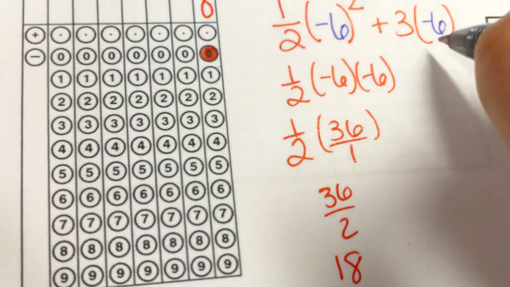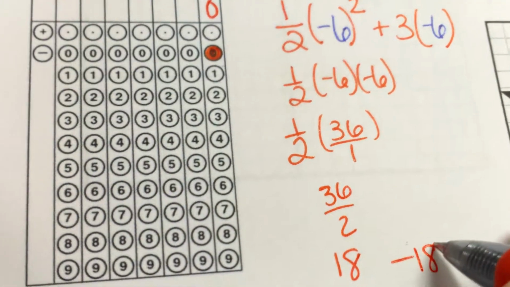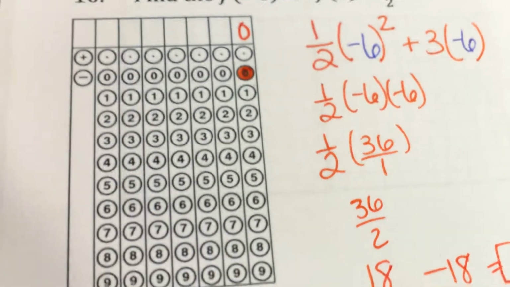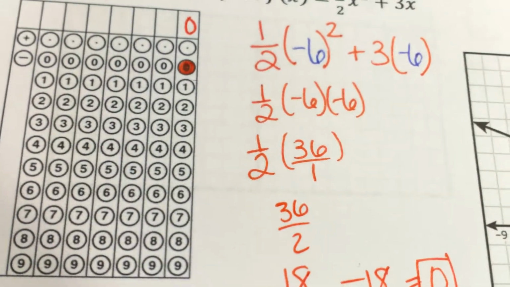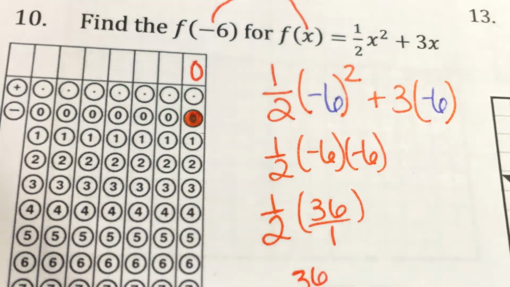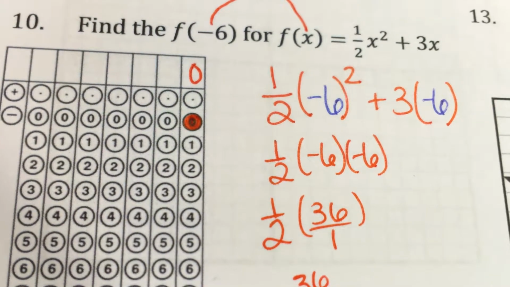I still need to do this part, which is 3 times negative 6, which is negative 18. And 18 minus 18 is 0. Make sure that when you plug it in you put it in parentheses, otherwise you're going to get the wrong answer. The negative makes a big difference and it needs to be in parentheses.